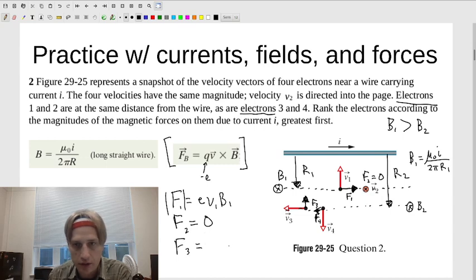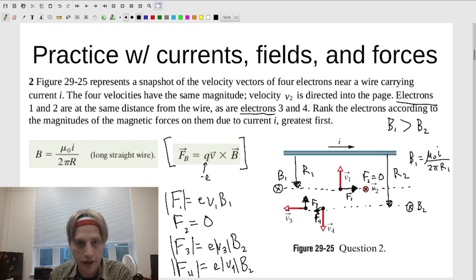F3 is going to be E V3 B2, and then F4, we're talking about magnitudes here, is going to be E times V4 times B2.